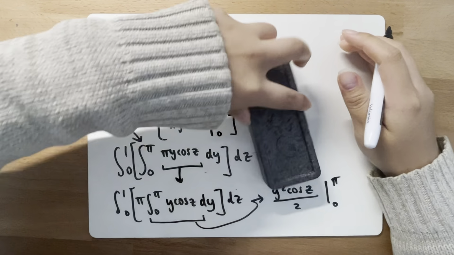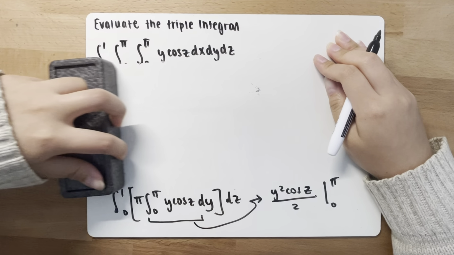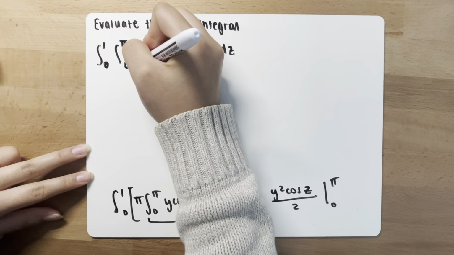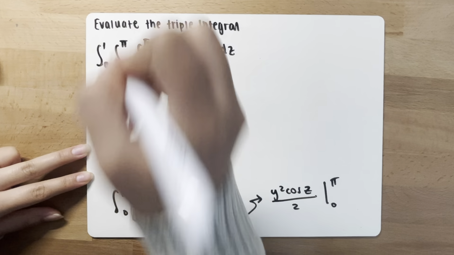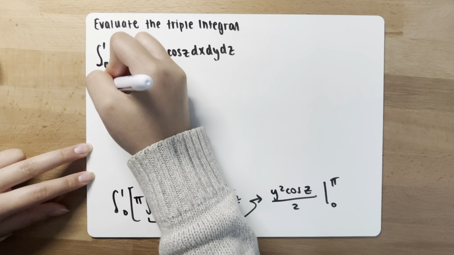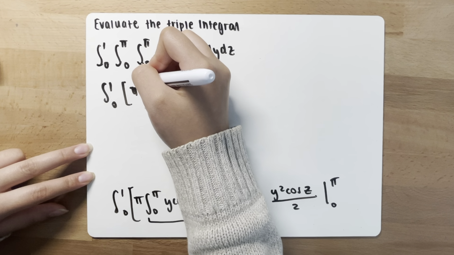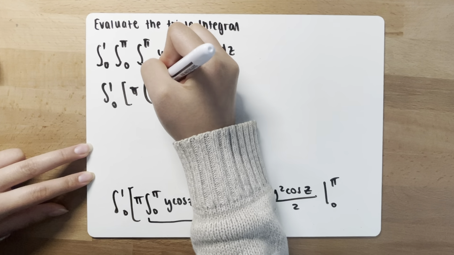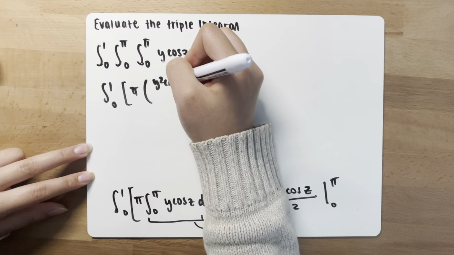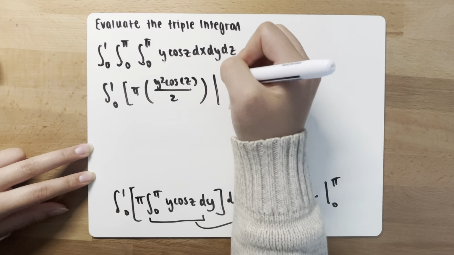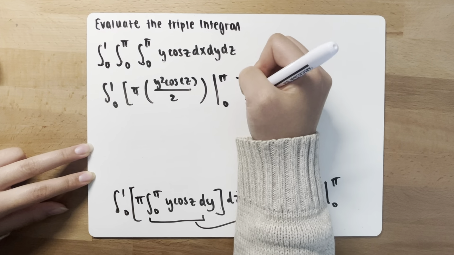Therefore, if you erase these to make more space, you're left with y squared cosine z over 2 with the boundaries pi and 0.